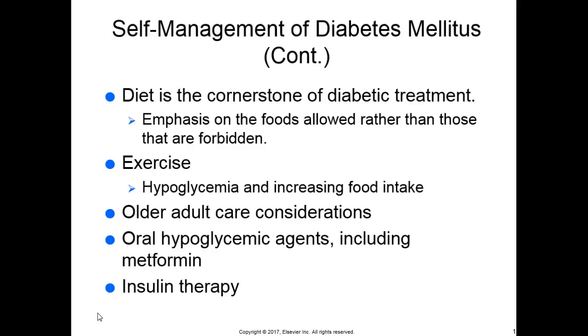Guidelines for safe exercise include knowing the blood glucose before exercise, and if the blood sugar is low, a carbohydrate snack of 20 to 40 grams based on the patient's body weight should be consumed before starting the exercise. Snacks during the activity should be used to prevent hypoglycemia, and the amount and frequency of the snacks should be determined by the type and duration of the exercise. A liquid or readily absorbed source of carbohydrate is recommended.